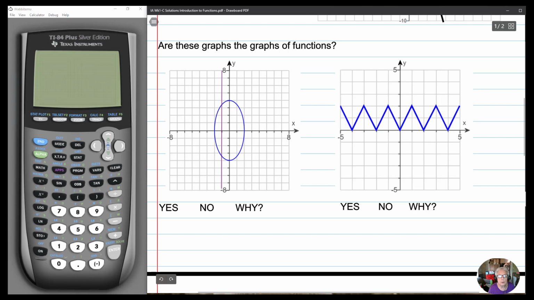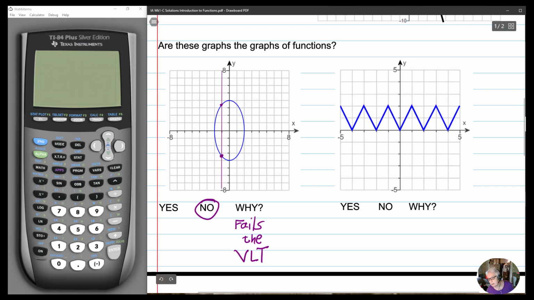Notice that a vertical line through this ellipse crosses the graph at 2 points. This point and this point. So no, this is not a function. Why? Because it fails the vertical line test.